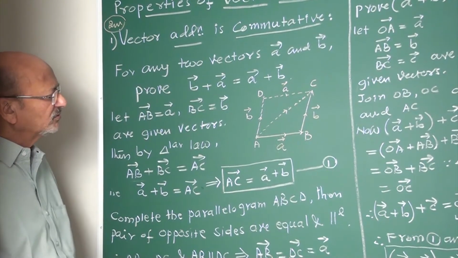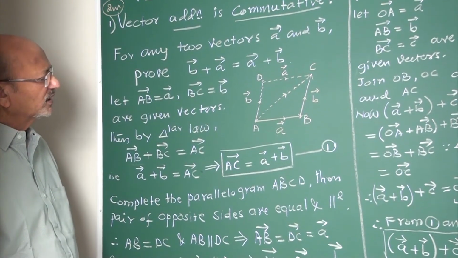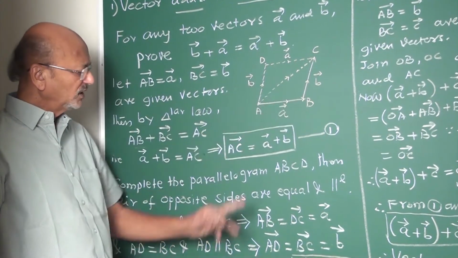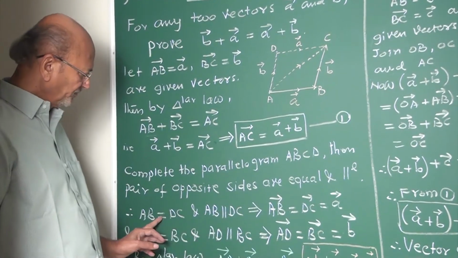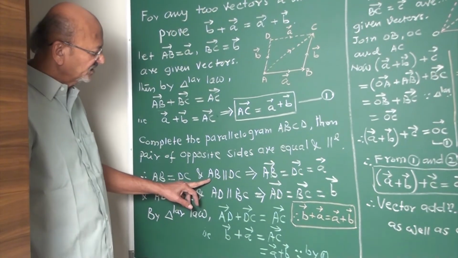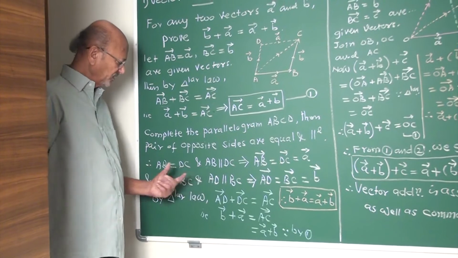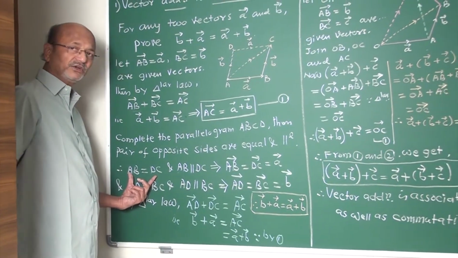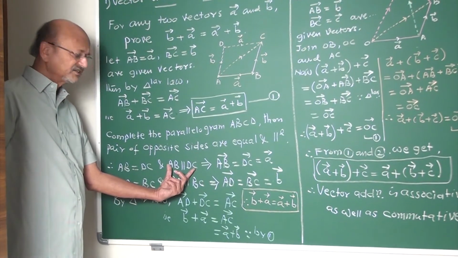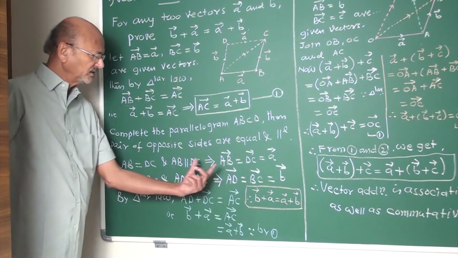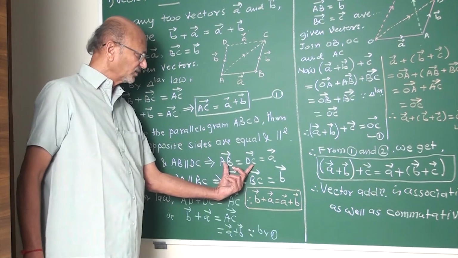Parallelogram means using the property of the parallelogram. In a parallelogram, pairs of opposite sides are equal and parallel. Equal means their magnitude is the same. Parallel means their direction is the same. Two vectors are said to be equal if their magnitude is the same and their direction is the same.